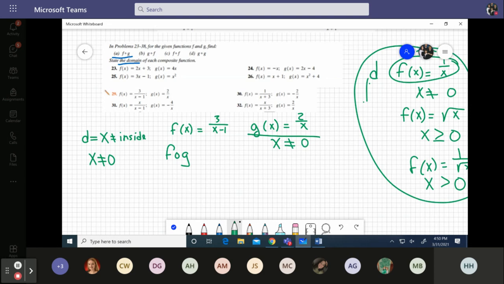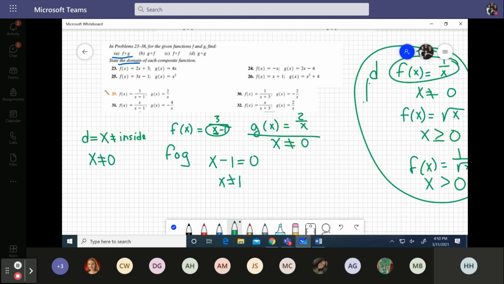Normally, I would do x minus 1 cannot equal 0, right? But the thing is, it's not going to stop there. If I do x minus 1 equal to 0, that would be a 1, right? So this x right here cannot equal a 1.